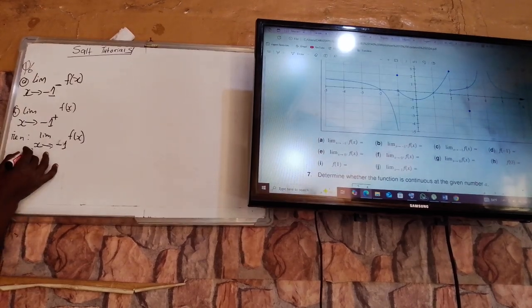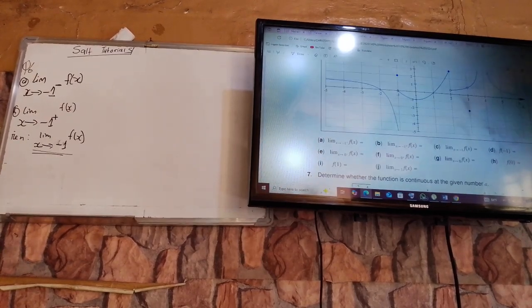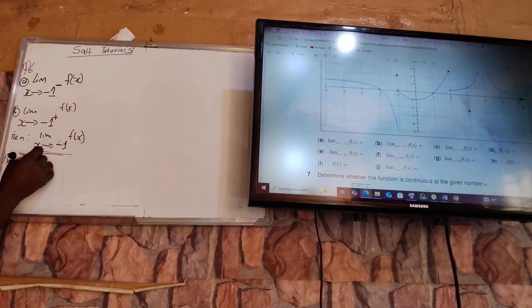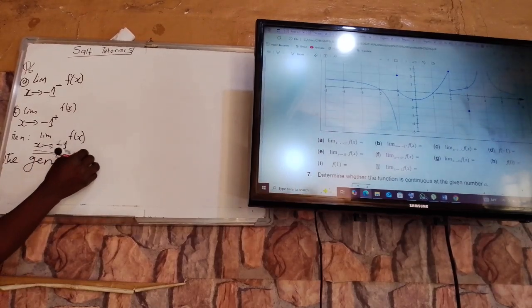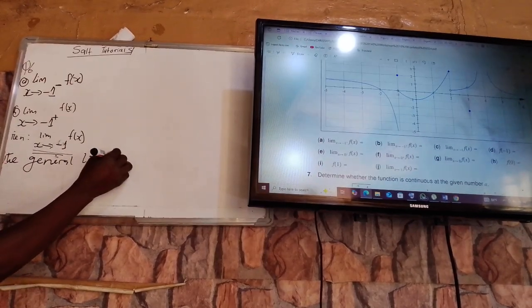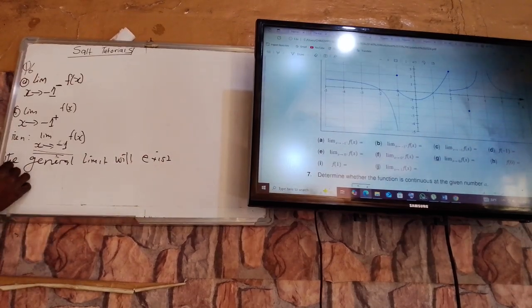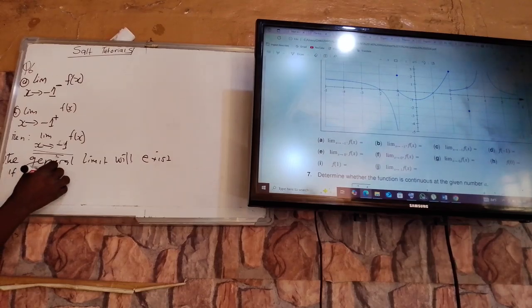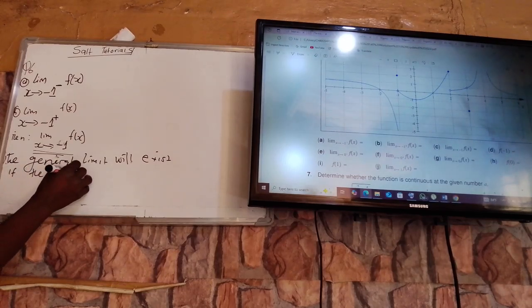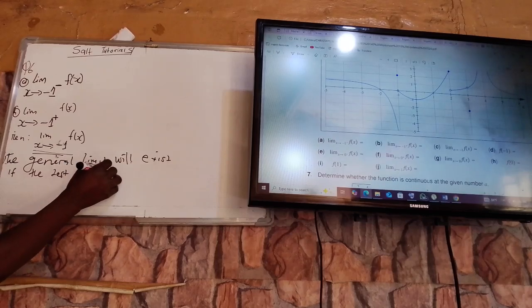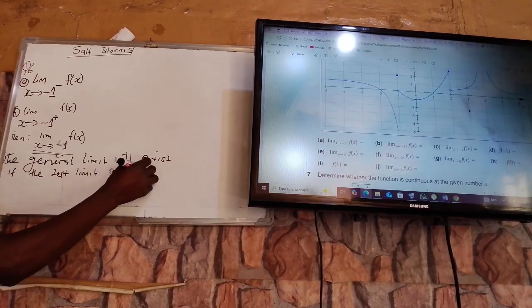So the limit at a certain particular point will only exist if the left limit and the right limit are the same. So we have to understand that the general limit will exist if the left limit is equal to the right limit.